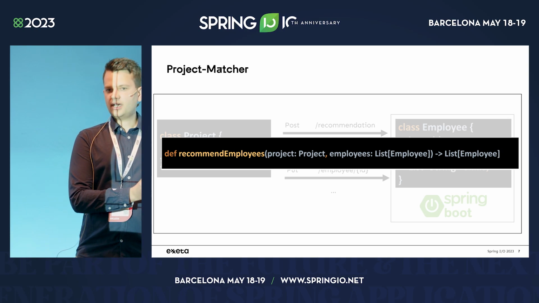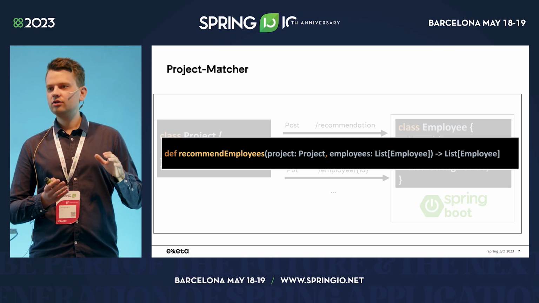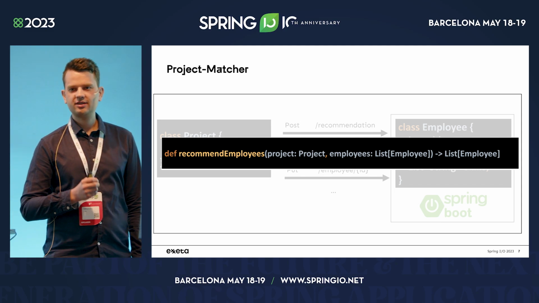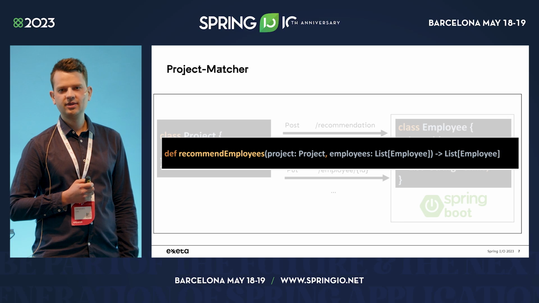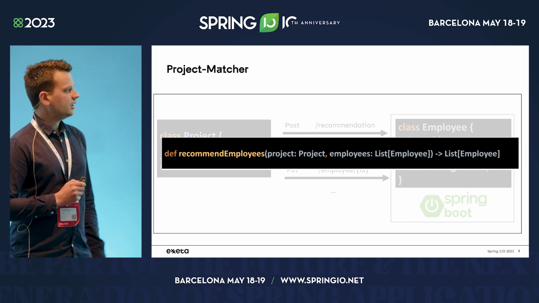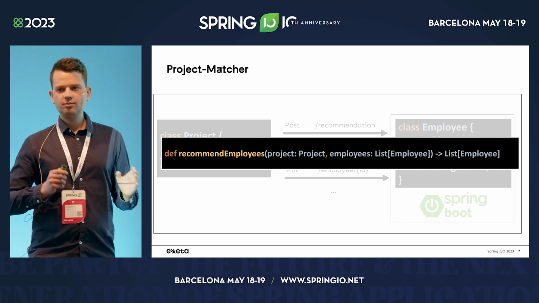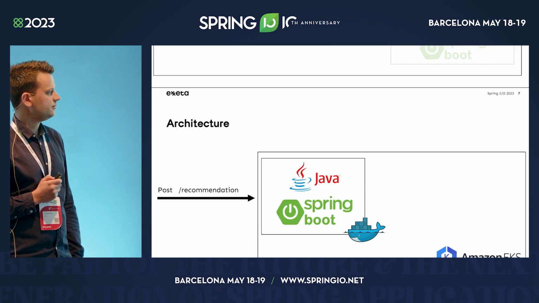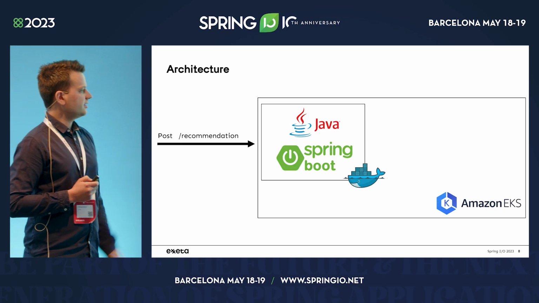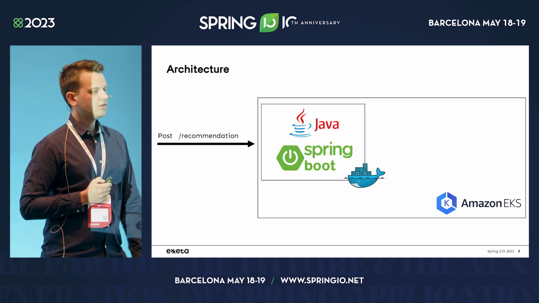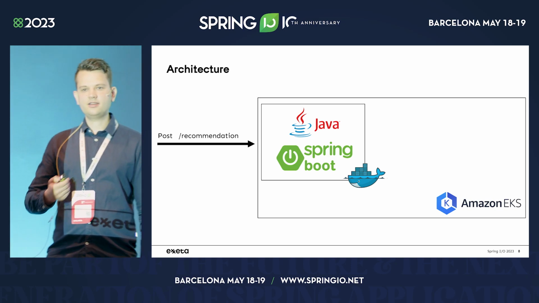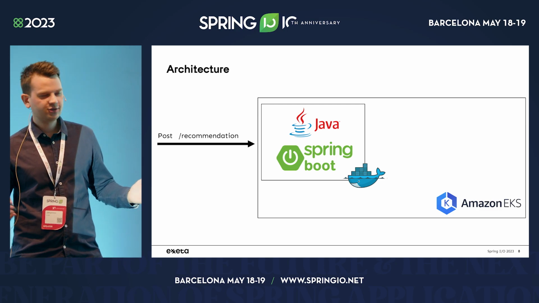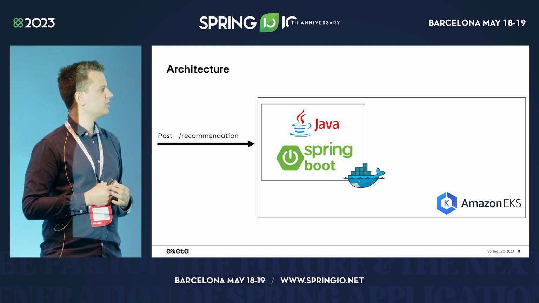But if we are zooming out from the function and have a look on our architecture, we will see some very important drawbacks of the implementation. Let's first of all have a look on the architecture before we implemented the function. So you can see here's our Amazon Kubernetes, and in this cluster are running all our internal tools, and like every internal tool, there's also running our Spring Boot application.